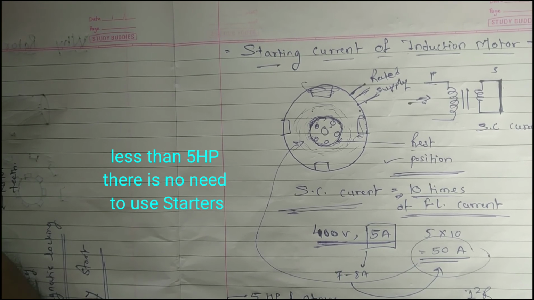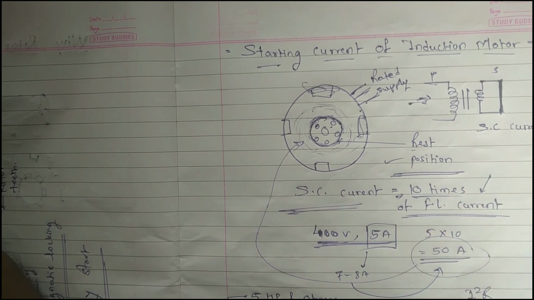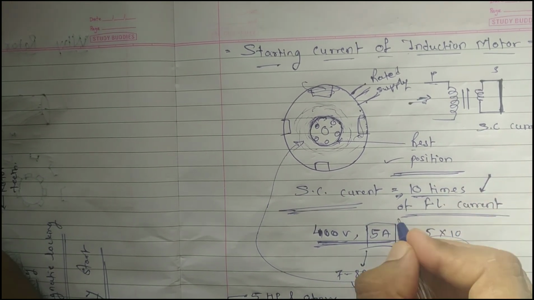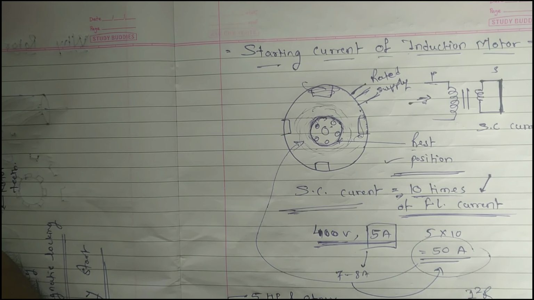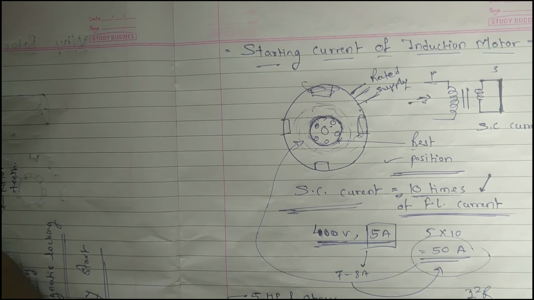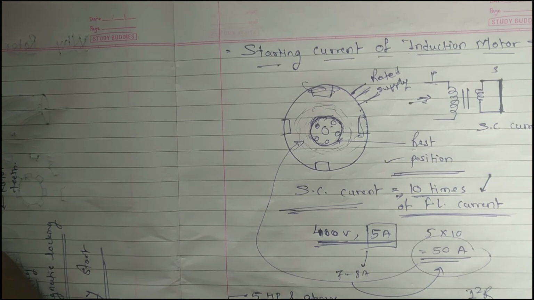Now you will ask why it is like that. Won't 10 times the full load current flow? Of course 10 times the full load current will flow through the circuit. But below 5 HP, motors have very small parameter values, like a 0.8 ampere rating motor.